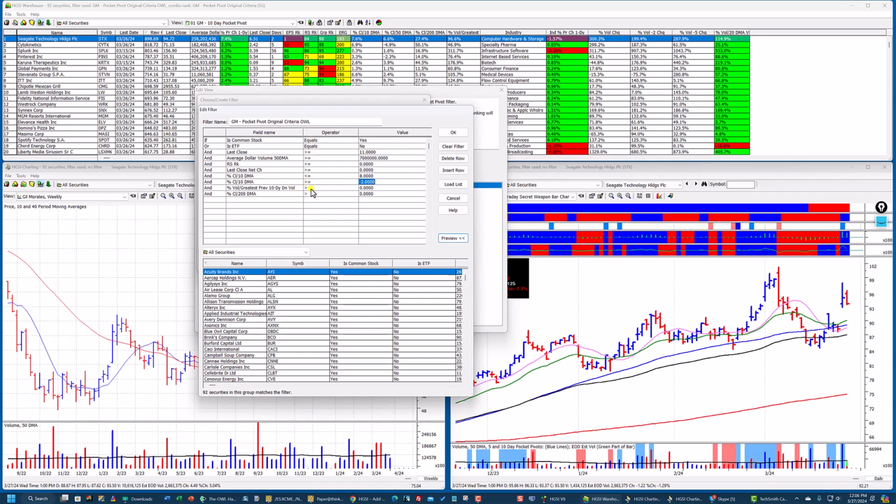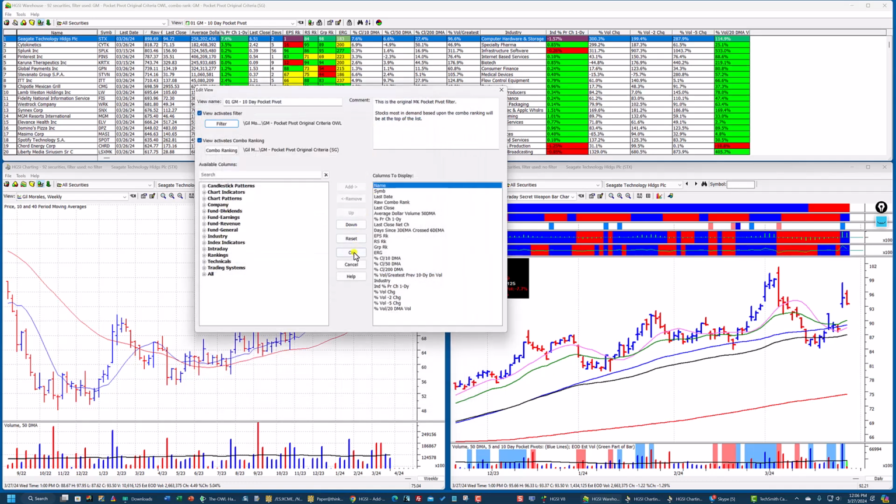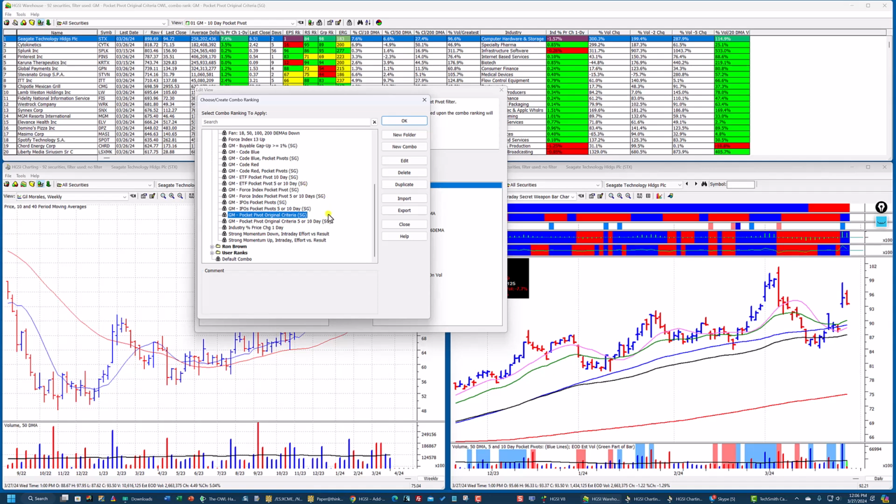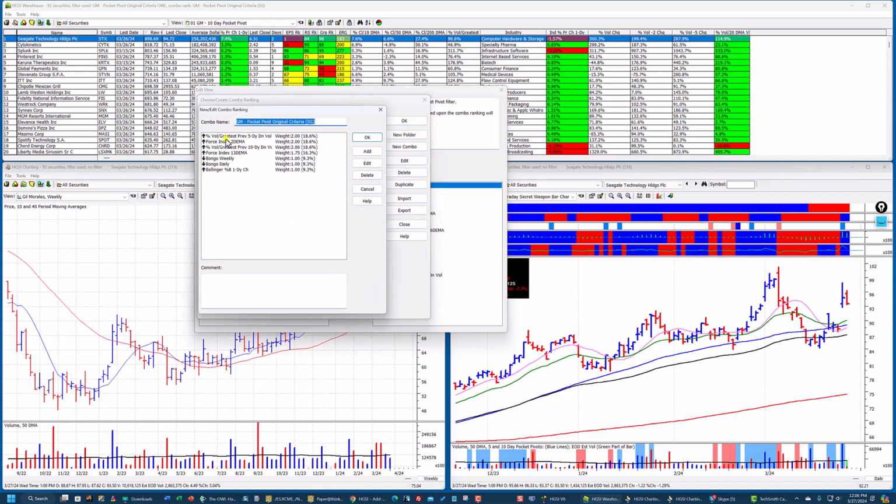The percent volume compared to the previous 10-day down volume right here, this is what generates the pocket pivot. So the percentage of the volume is greater than any previous volume on a down day, if that makes sense, and then above the 200-day moving average. I'll just leave it at that.